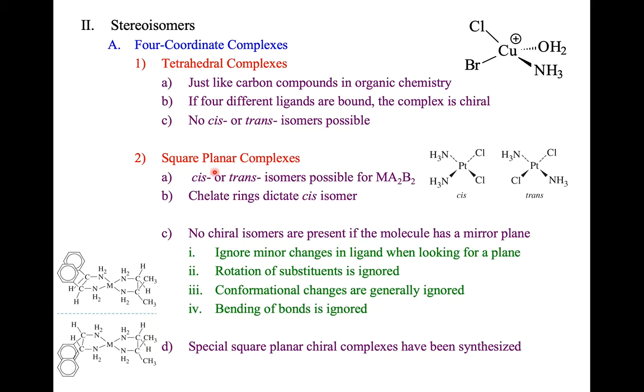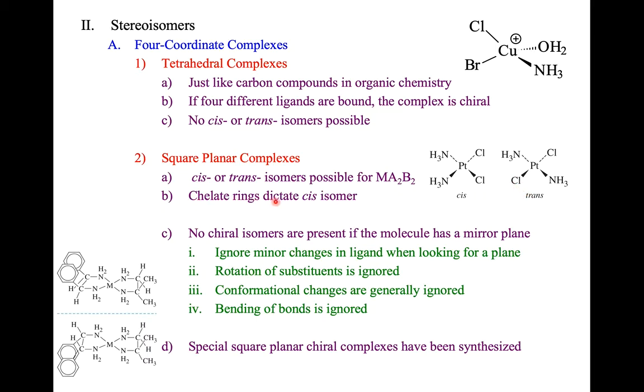For square planar, we do now have cis and trans. And I will just choose to focus on the chlorides here. If I look at the 2 chlorides, if the chlorides are as close as possible together, they're 90 degrees apart, it's the cis orientation. If they're as far apart as possible, it's the trans orientation.